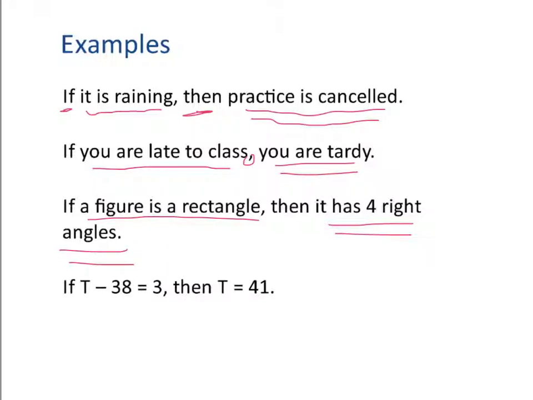Another mathematical example would be if t minus 38 equals 3, then t equals 41. Here's the if part. Here's the then part. That's actually an algebra if-then statement. Those are all examples of what's called conditional statements. They have an if and they have a then.